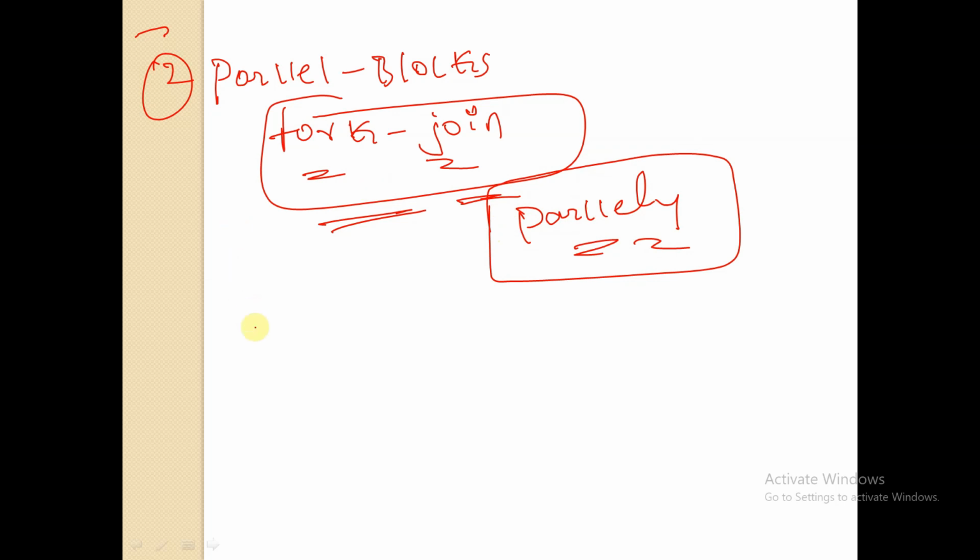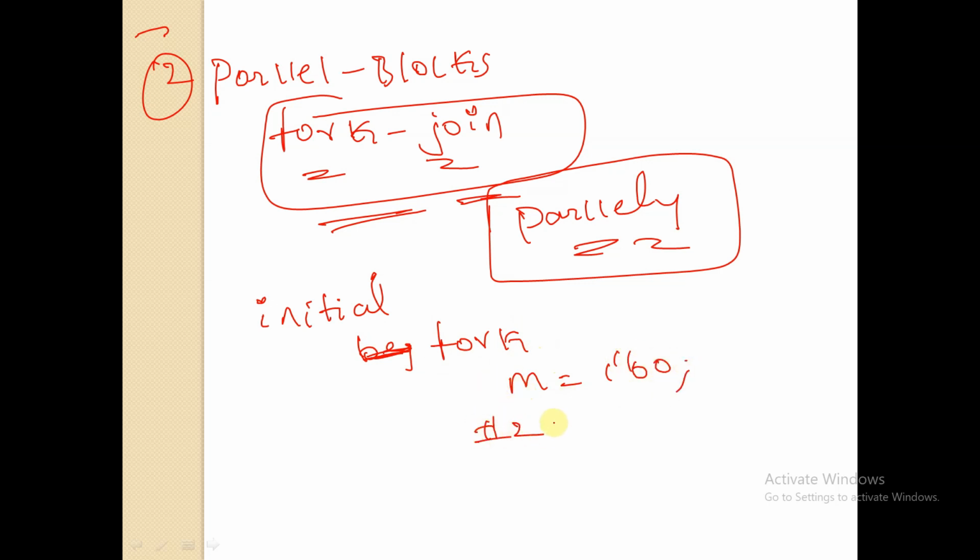For example, if I write initial fork, suppose m is equal to 1'b0, and #2 n is equal to 1'b1, and I'll write join here. So I'm writing the statements inside this fork join, and I should use initial.